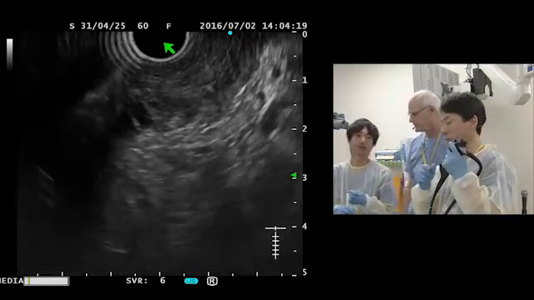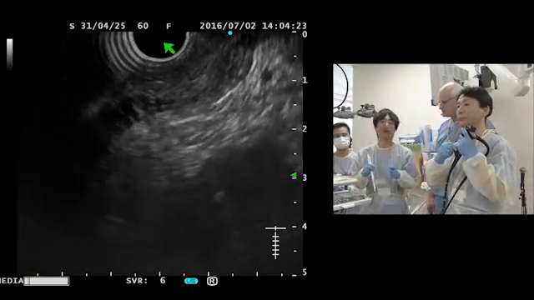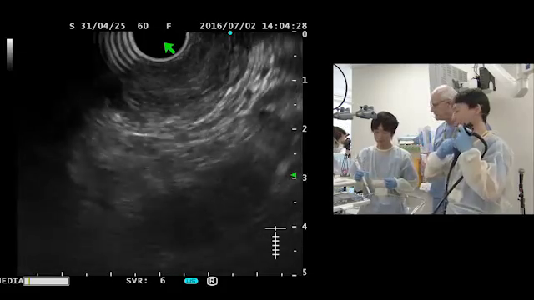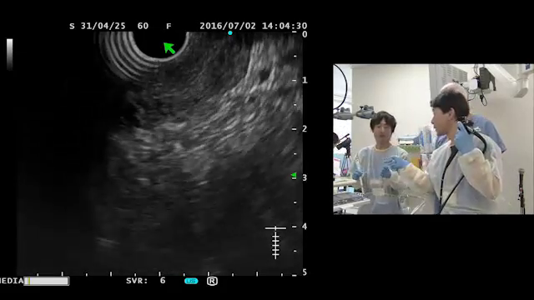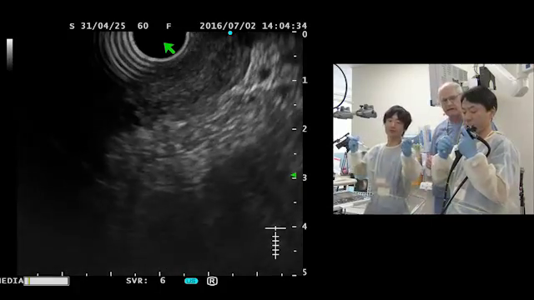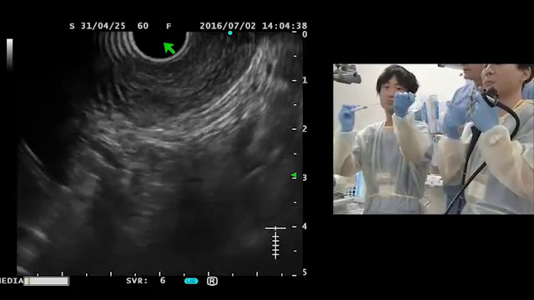So you're going to use the Olympus needle? Is this a side port or only end? Without side port. So we have a 22 gauge needle from Olympus, no side port.